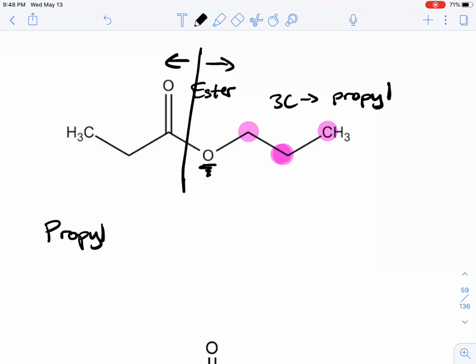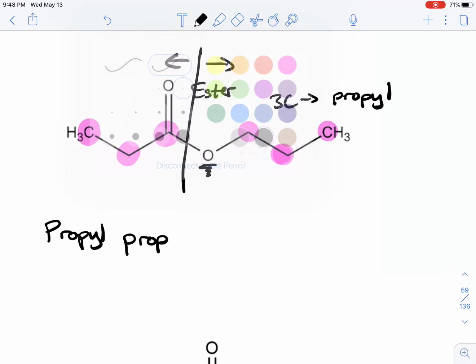Next, I'm going to look to the left of my carbonyl group. And so this is my carbonyl group. The carbonyl carbon counts as 1, 2, and 3. And so since I have a 3 carbon parent chain, this is going to be prop. And then since everything is a single bond, right?